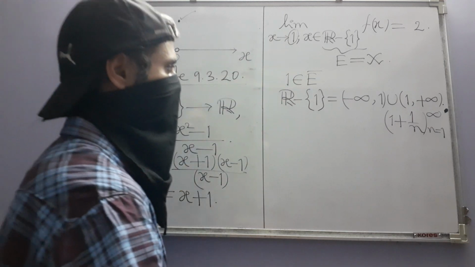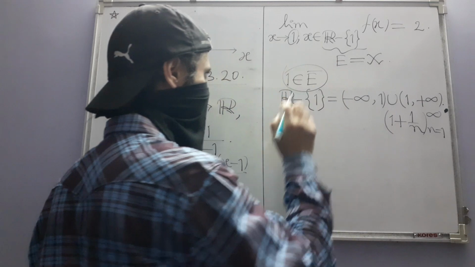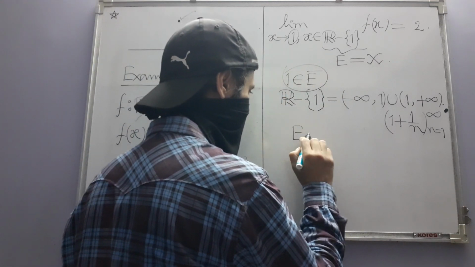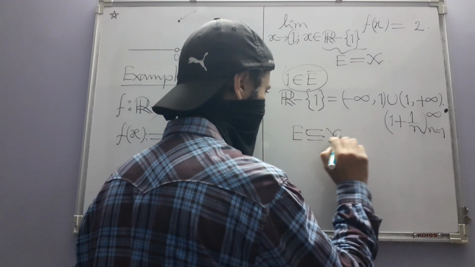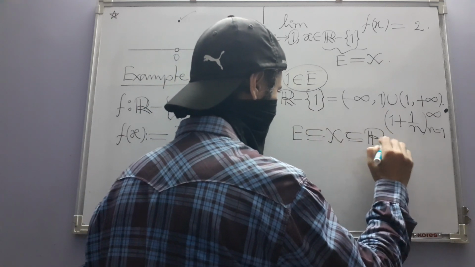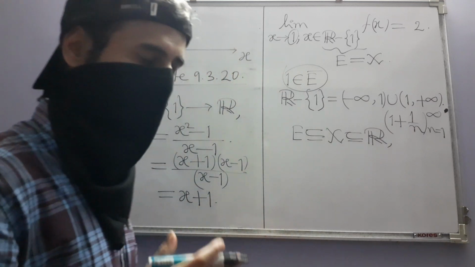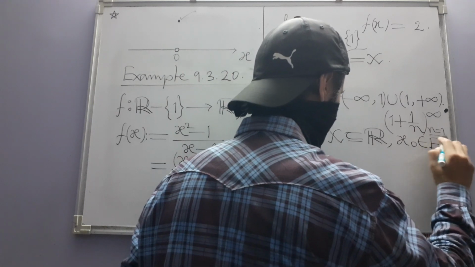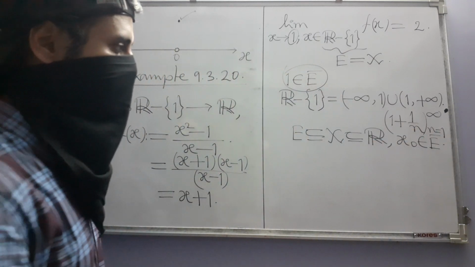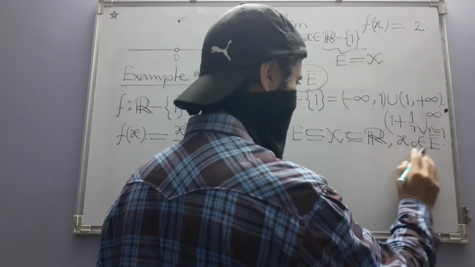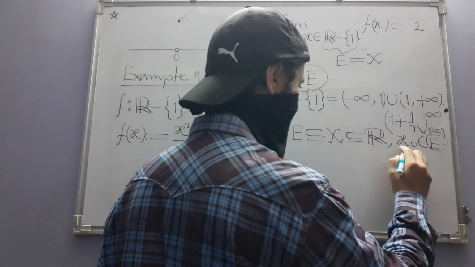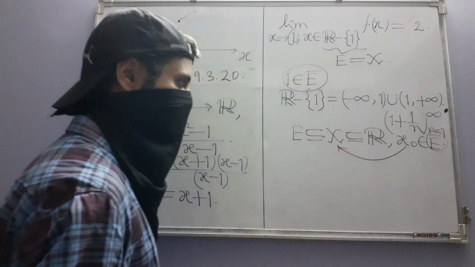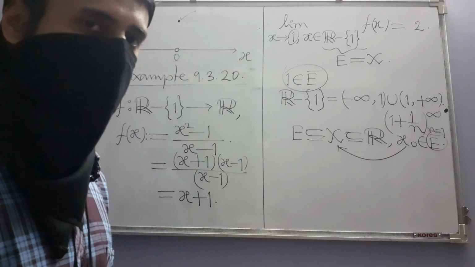Do not forget that 1 only needs to be an adherent point of E. The condition that you have in the actual definition of limit somehow, at least to me, creates the illusion or the wrong impression that x naught, although it has to be an adherent point of E, must lie inside X. No, that is not necessary.